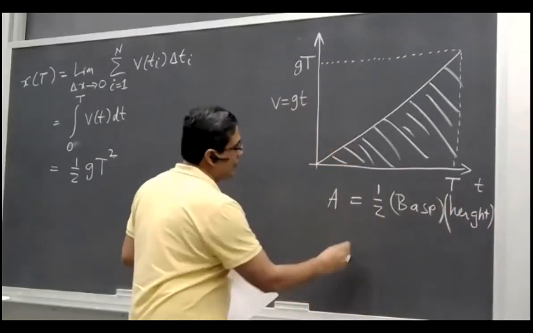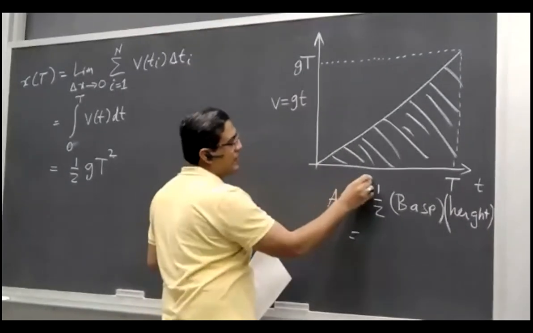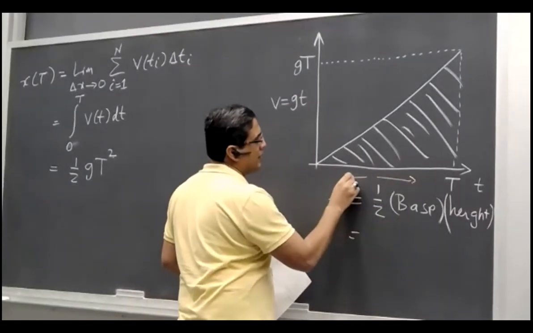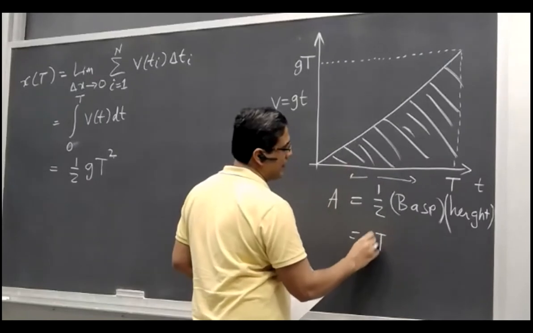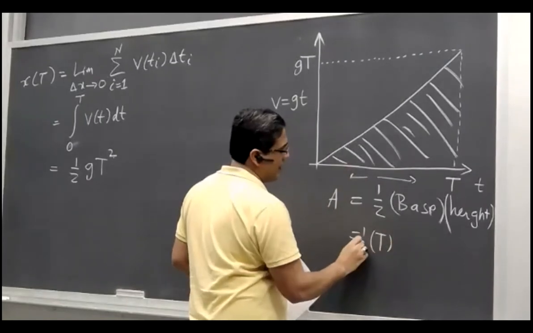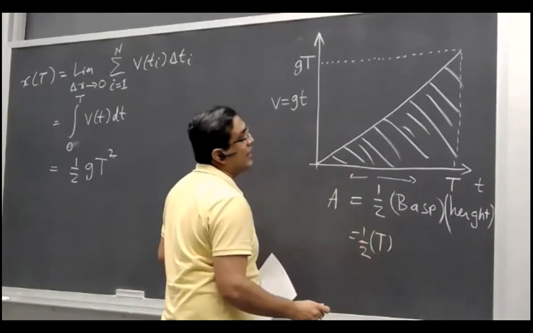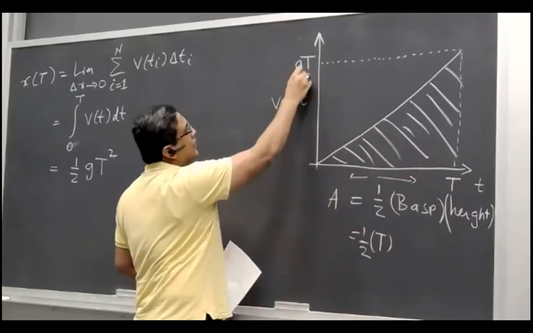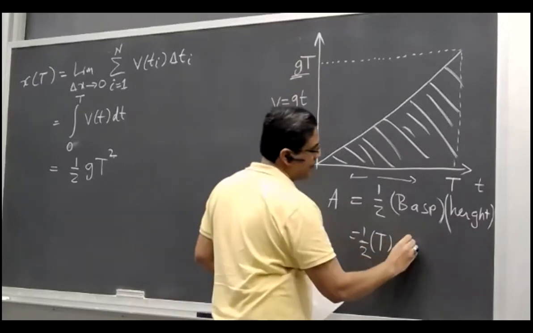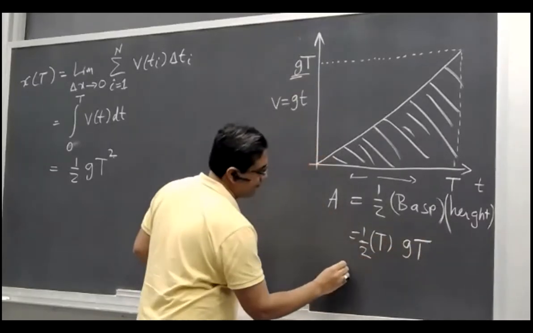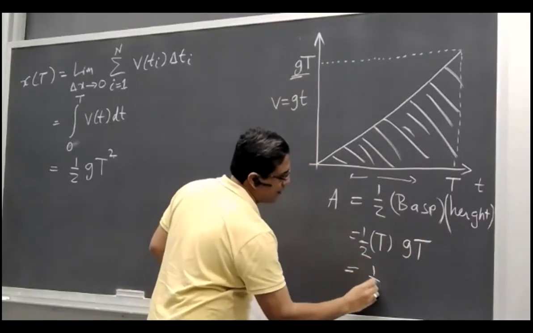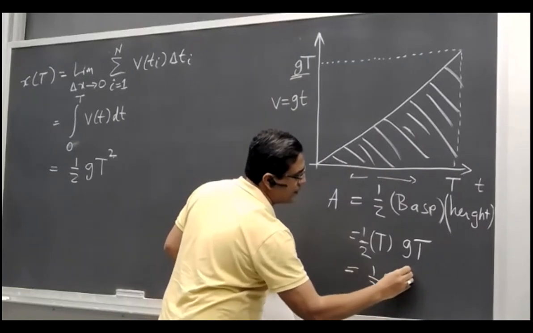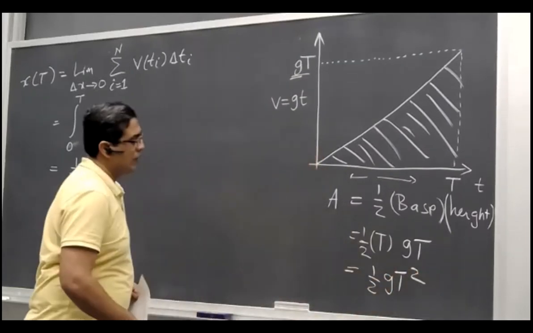All right. So what is the base here? Capital T and half. And what is the height? Height is g T. So half g T squared. All right.